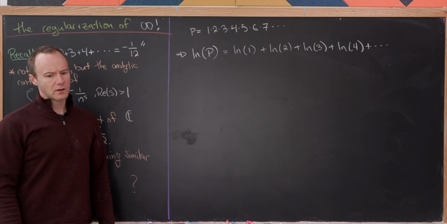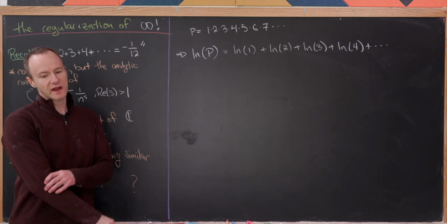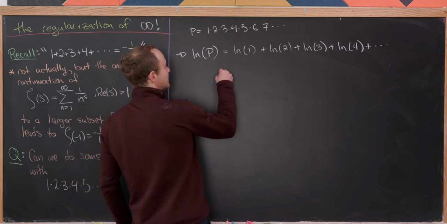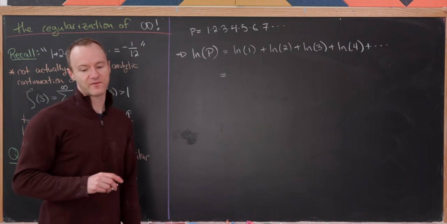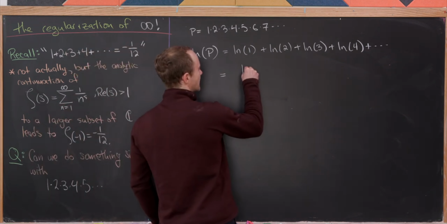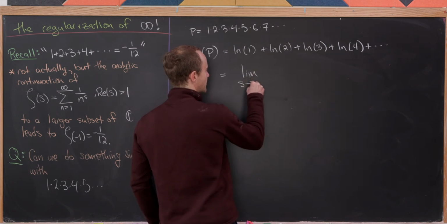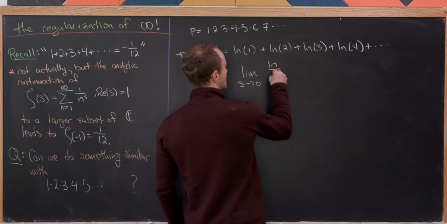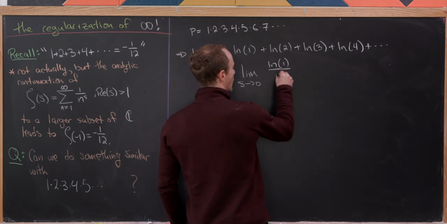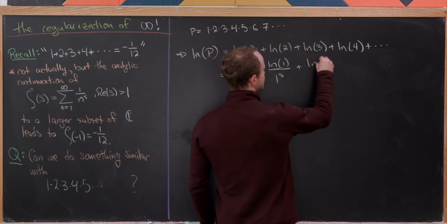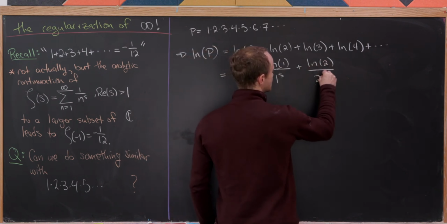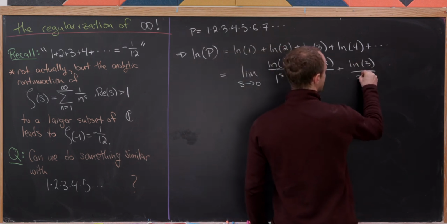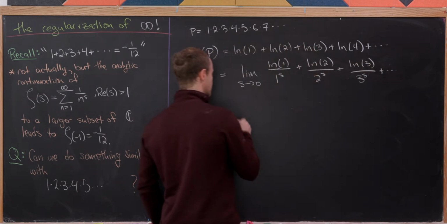Okay. Well, what I'd like to very quickly notice is that this thing looks like the following object. So let's look at the limit as s approaches 0 of the natural log of 1 over 1 to the s plus the natural log of 2 over 2 to the s plus the natural log of 3 over 3 to the s, and so on and so forth.